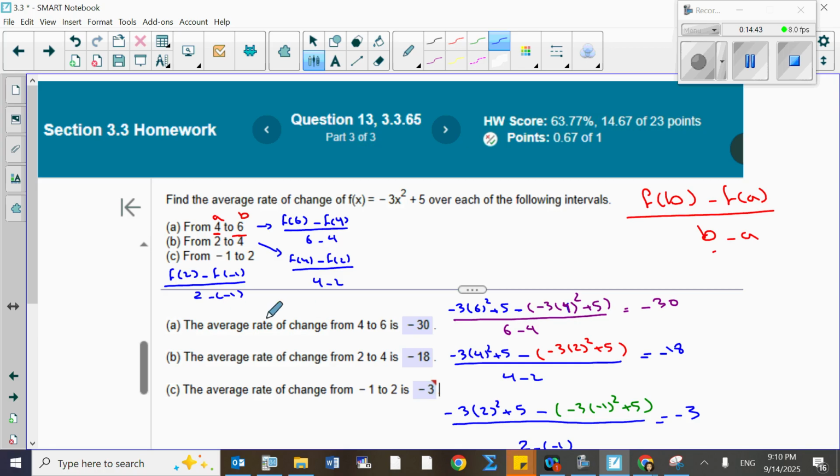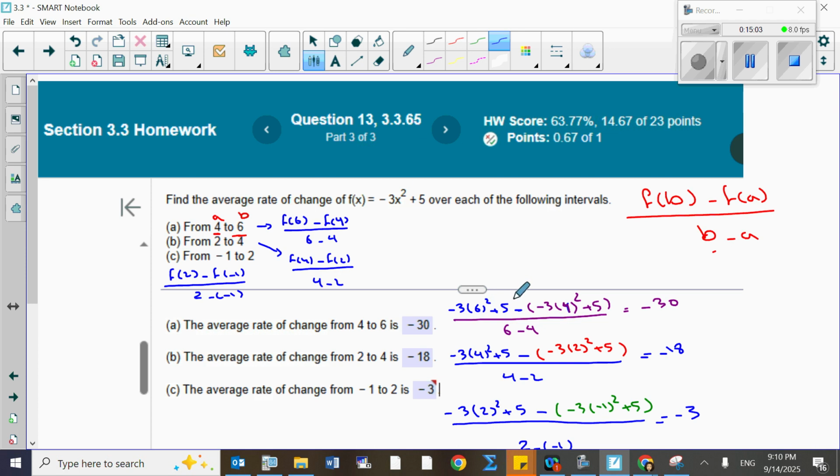Now, in order to find each of these, all you need to do is to plug in this value into your function. So here, if I want to find f of x, I'm just going to write -3. Instead of x, I replace 6. And then the rest of the function.